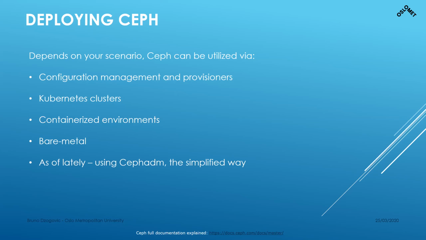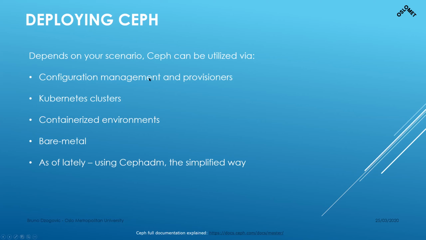Otherwise, in order to authenticate the Ceph daemon with the master, then you will have a problem, because Ceph doesn't know to request password for the SSH. It just sends a public key, and it expects that authentication is done. So make sure that you have passwordless authentication enabled. So this applies also for bare metal instantiations, or if you have something like configuration management and provisioners.